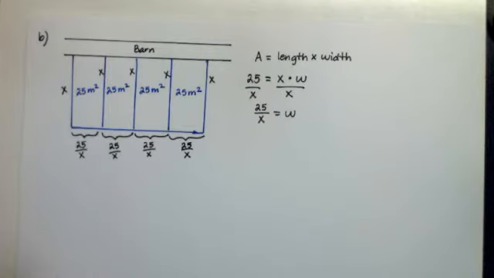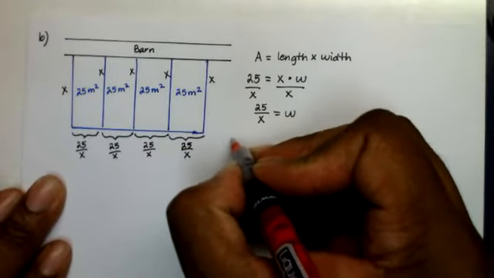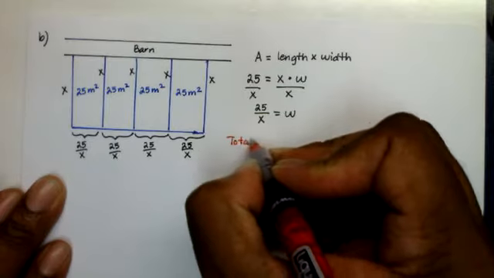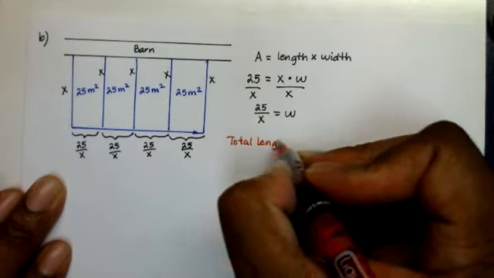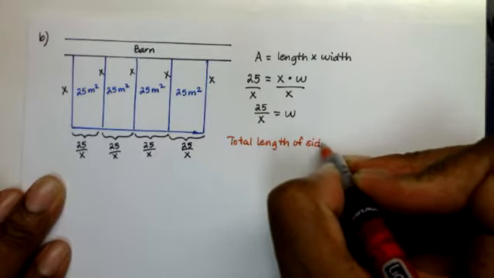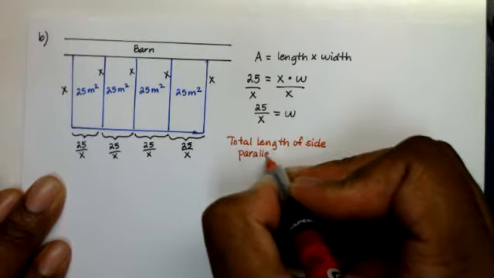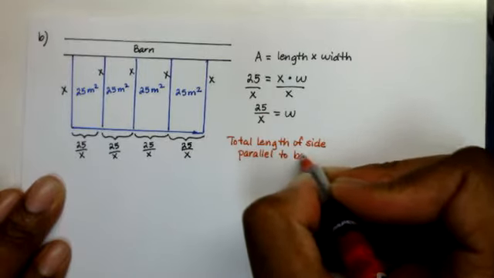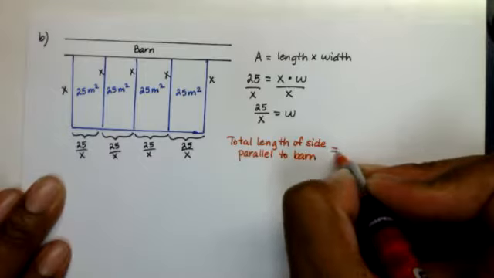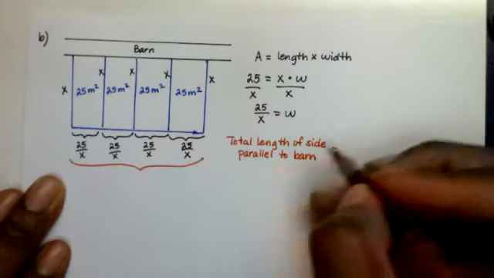That would mean if I take the total length of the side parallel to the barn, that's this right here.